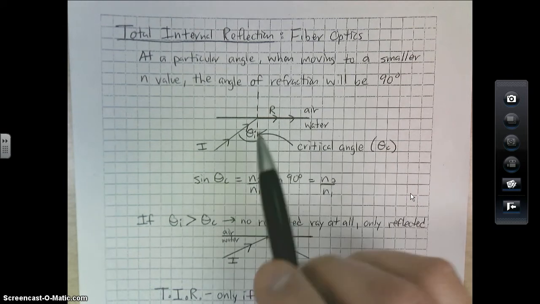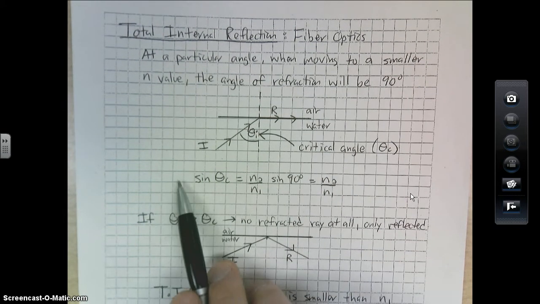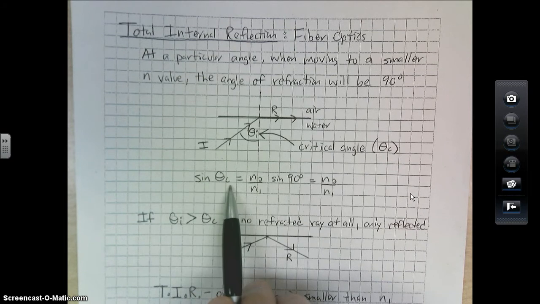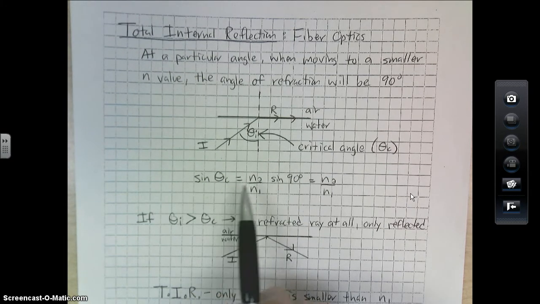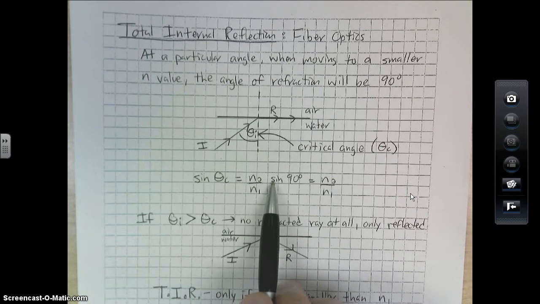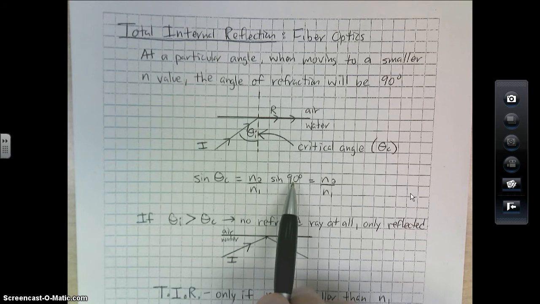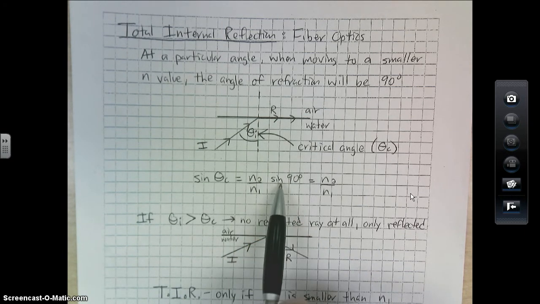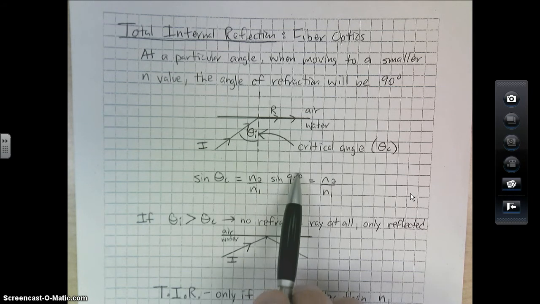And if we think about this using Snell's law, if we said n1 sine theta 1, but we're going to call it the critical angle, would equal n2 sine of theta 2, but in this case, since theta 2 is really a 90 degree angle from normal, the sine makes it just 1.